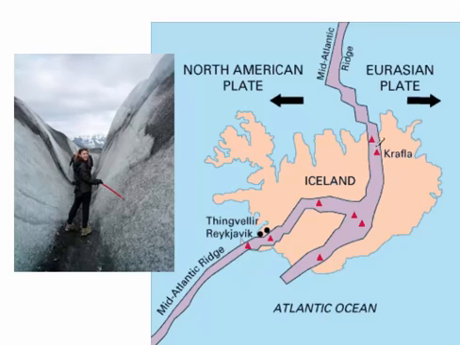Iceland is actually located right along the mid-Atlantic ridge and is being torn apart. Half of it is going with the Eurasian plate, the other half going with the North American plate. This woman right here is actually walking right along the mid-Atlantic ridge. So this part of Iceland is going this way, this part of Iceland is moving this way. And as you would expect, if the island was being torn apart, you would have volcanoes forming.